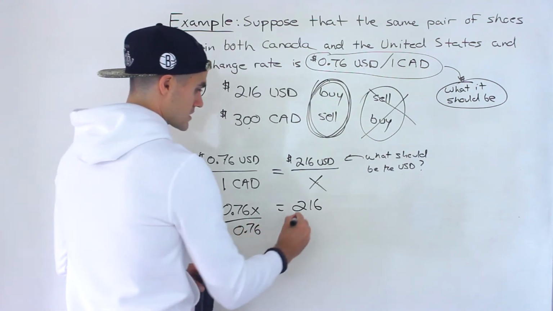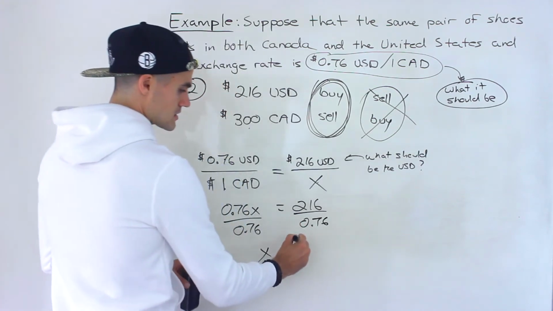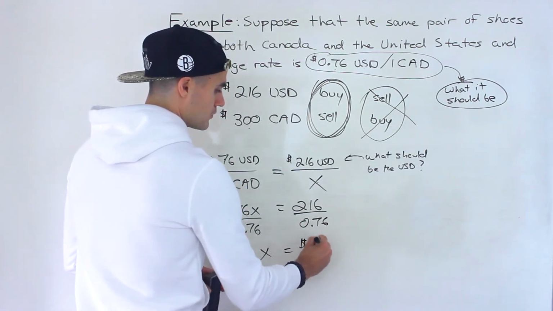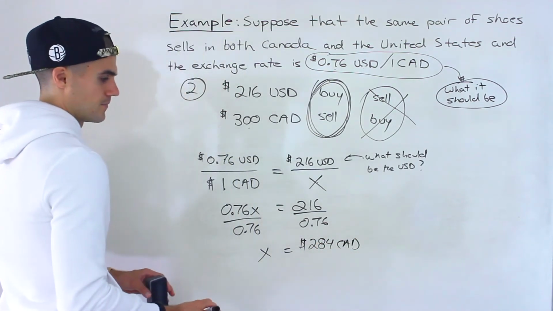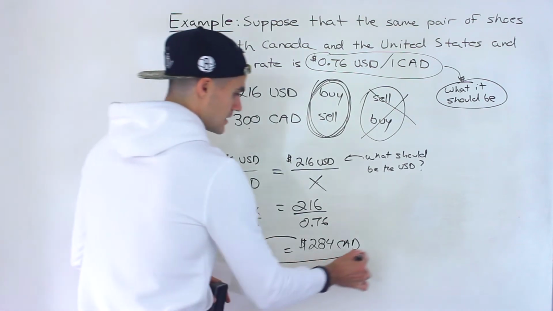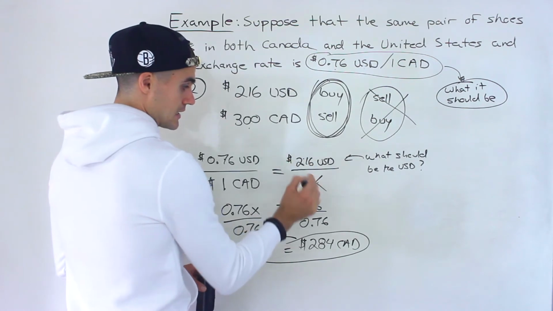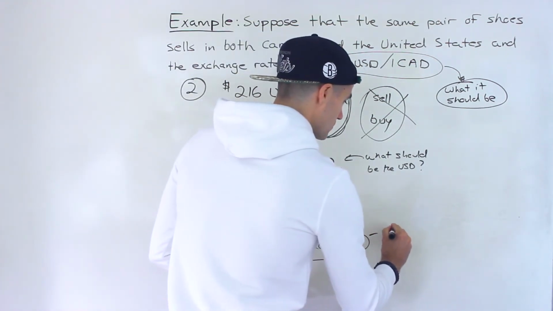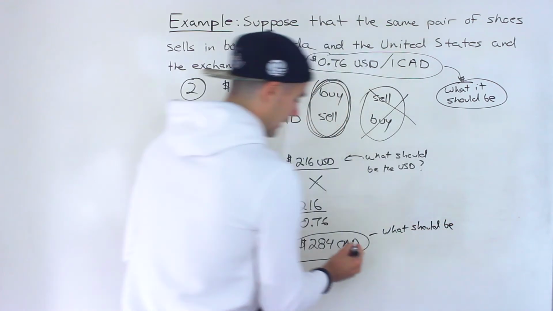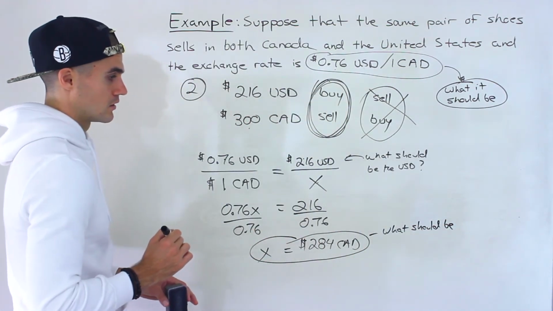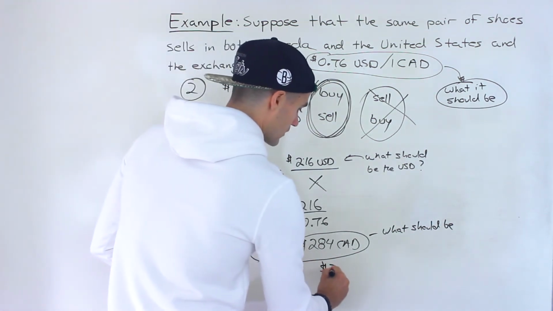Divide by 0.76. And if we round this to the nearest dollar, we would end up with 284 Canadian. Okay, so this here, if the price of the shoes in USD is 216, this is what they should be in Canadian dollars, 284. But they're selling at 300 CAD.